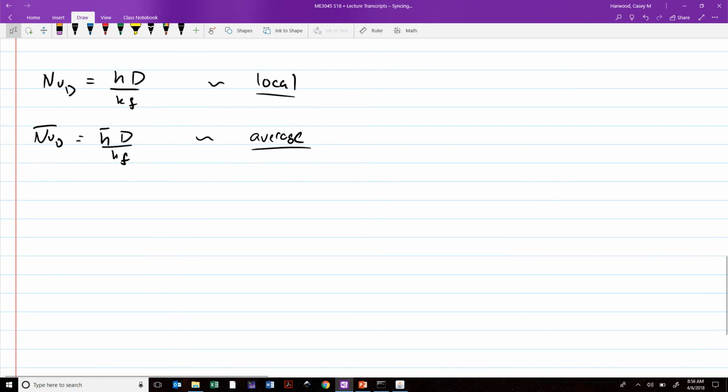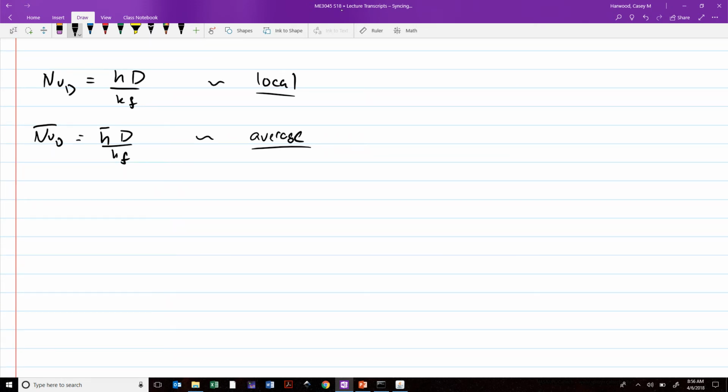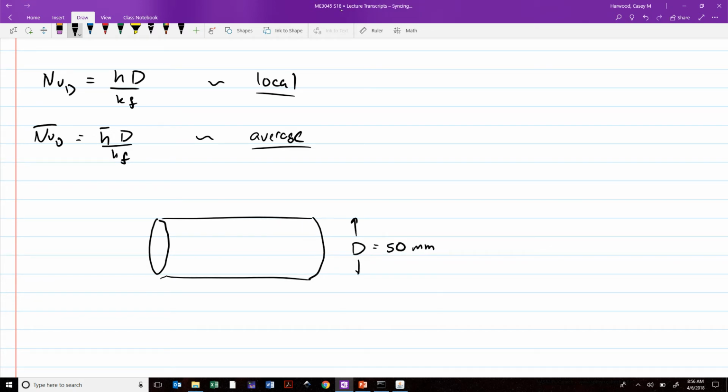Okay, so this is going to look a lot like the thing we just did, as I said. Let's say we have a pipe with a diameter of 50 millimeters, a length of 25 meters, and a constant surface temperature of 150 degrees Celsius.